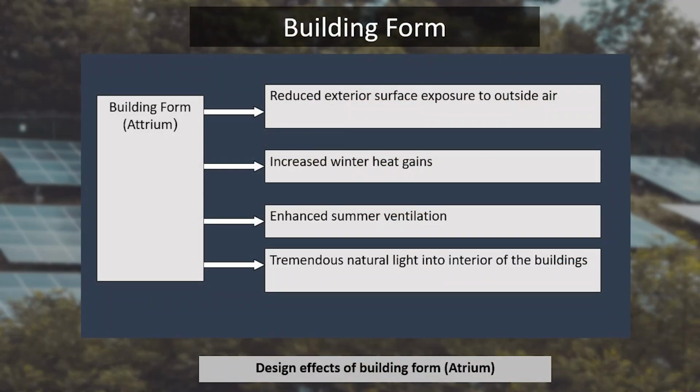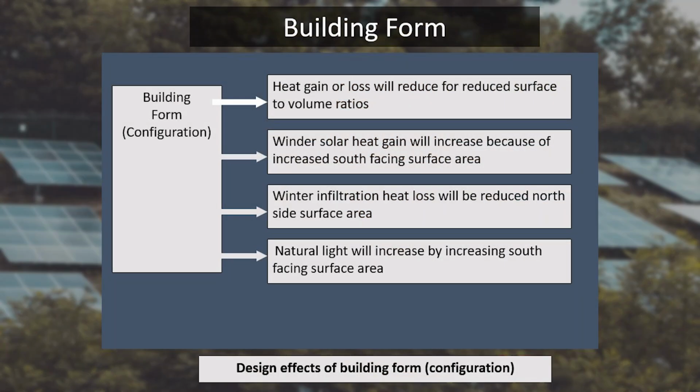This is the design effect of building form atrium. Here we have reduced the exterior surface exposure to outside air, increased winter heat gains, enhanced summer ventilation and tremendous natural light into the interior of the building. If I talk about configuration, then four different points must be kept in mind during the design: heat gain or loss will reduce for reduced surface to volume ratio; window solar heat gain will increase because of increased south facing surface area; winter infiltration heat loss will be reduced with less north side surface area; and natural light will increase by increasing south facing surface area.